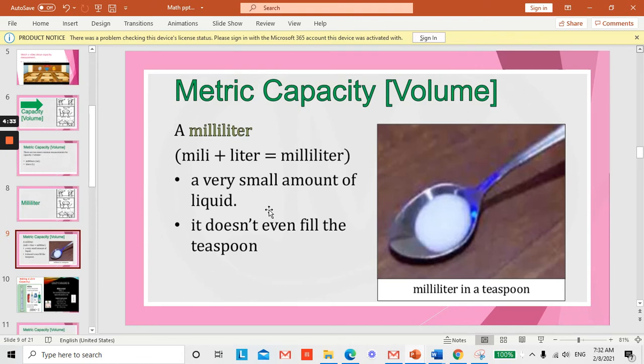It doesn't even fill a teaspoon. For example, when we are giving medicine to a baby, we put it in a small spoon. That is, we measure the spoon in milliliters. Let's move again.